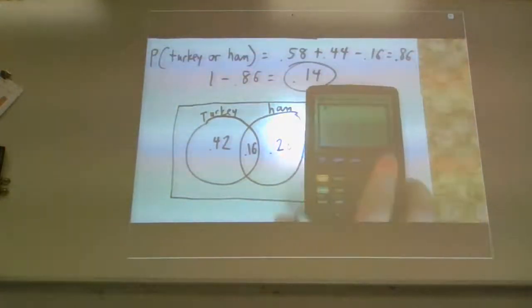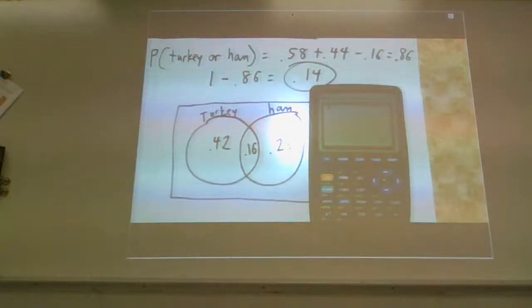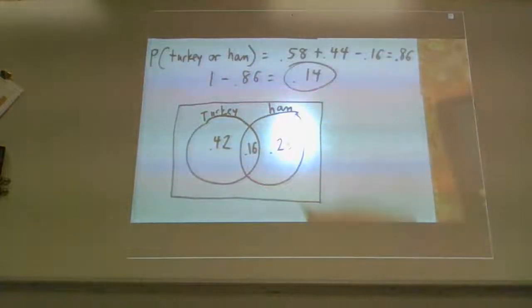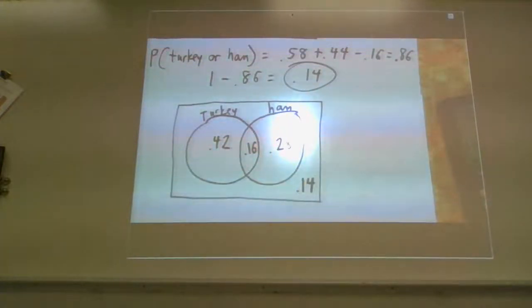I'm just showing this for the fun of it, but 0.42 plus 0.16 plus 0.28 don't add up to 100%. They only add up to 86%, which means 14% lie outside of the Venn diagram, neither ham nor turkey. Like I said, there are multiple ways to visualize this problem.